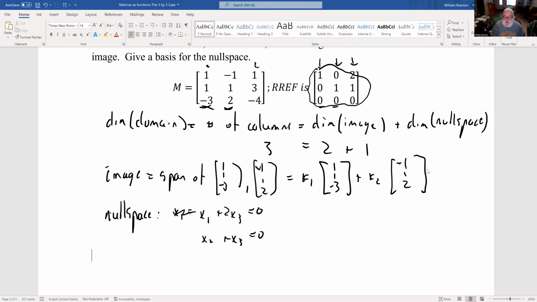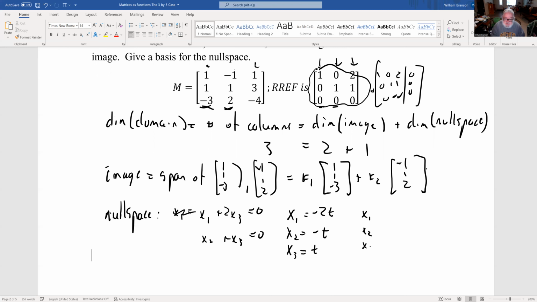To find the null space, the right hand side is 0. So we could write this as 1, 0, 2, 0, 1, 1, 0, 0, 0, and then we convert this into these equations. So we'll set x3 to be equal to our parameter t. x2 then becomes minus t, and x1 is minus 2t.